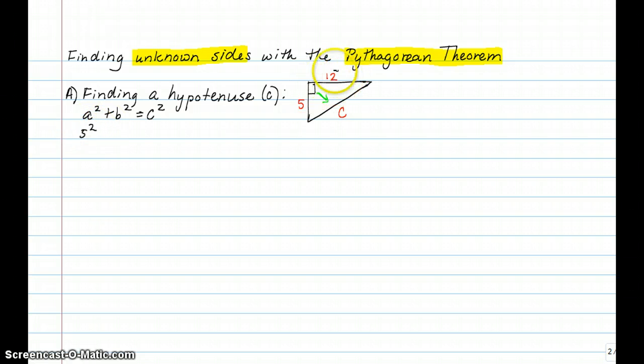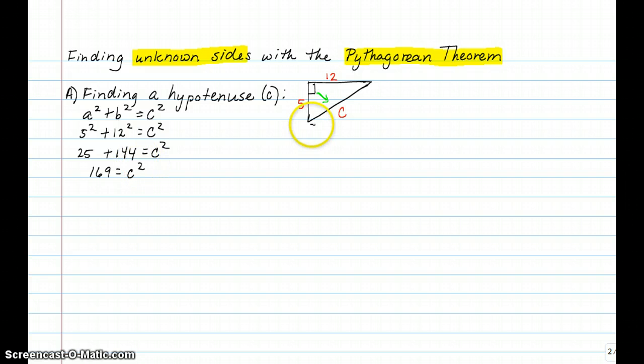B squared is this right here, your other leg. They are adjacent sides. Plus 12 squared equals c squared. So 25 plus 144 equals c squared. Now you don't need a calculator for this. If you go 140 and 20, it's 160, plus 5 and 4 is 9, so 169 equals c squared.